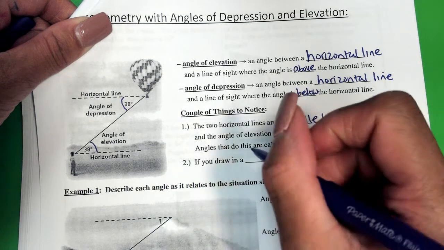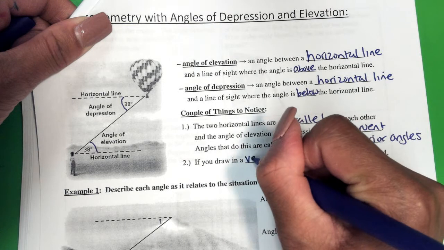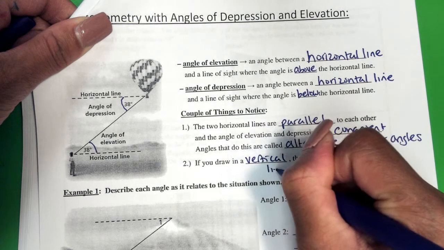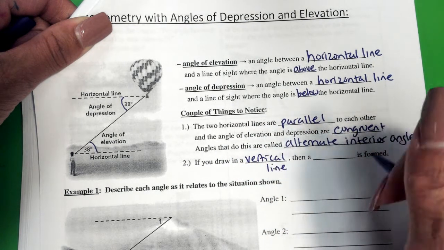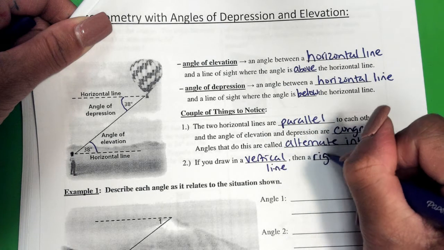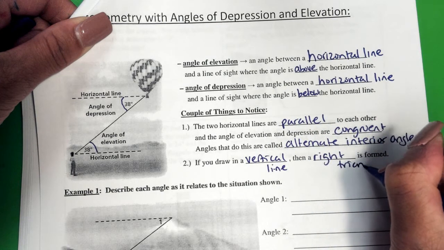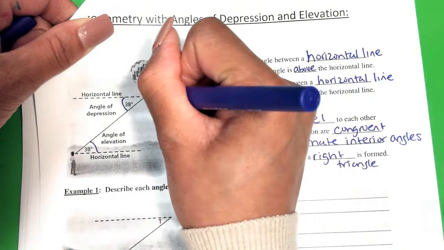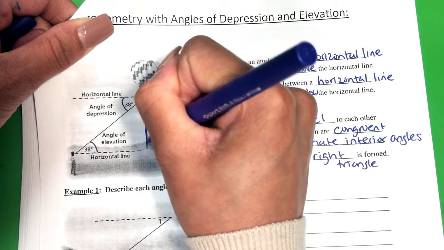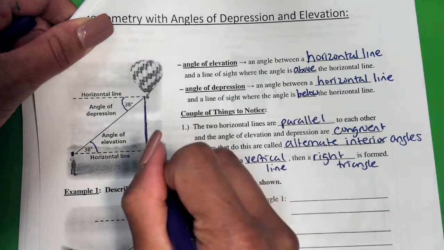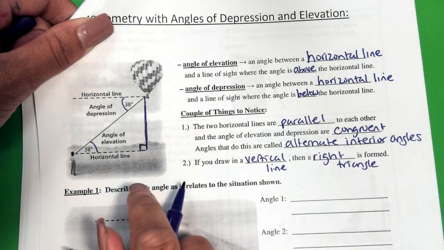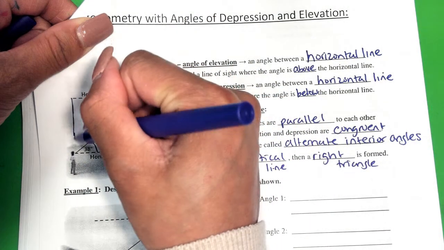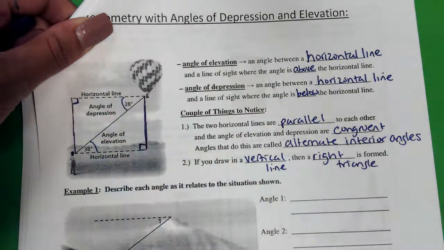If you draw a vertical line, then a right triangle is formed. So in this case, if I were to draw a line from my point of view down to the floor, I have a right triangle formed here and a right triangle formed there.